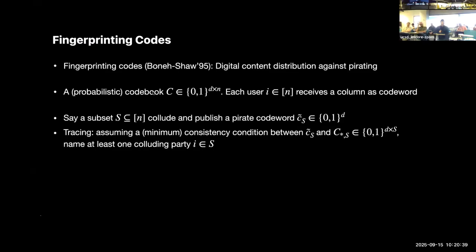So from the subset of users' viewpoint, they cannot really infer too much about the columns not available to them.